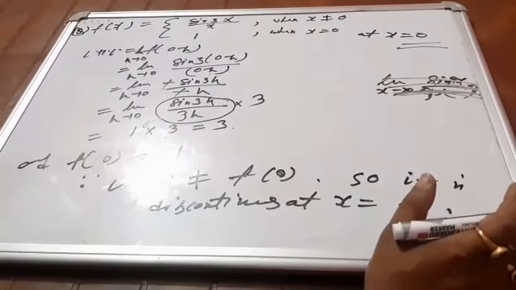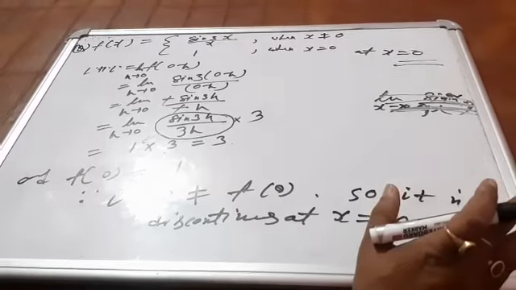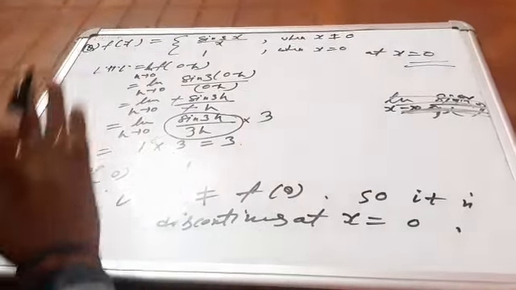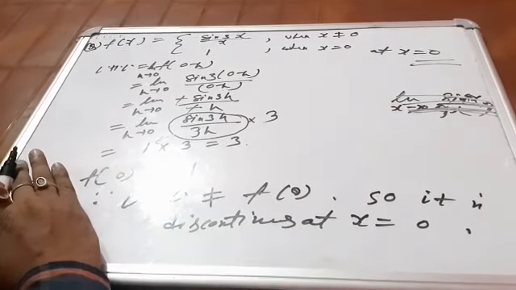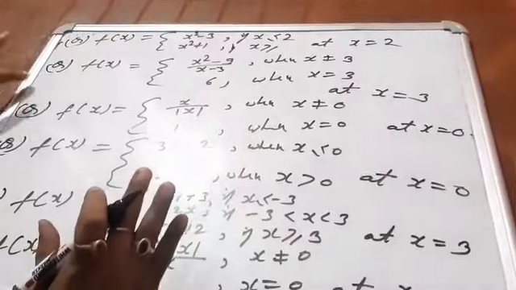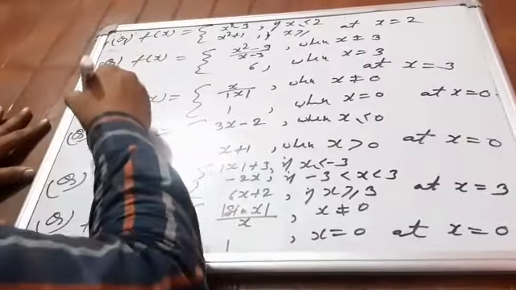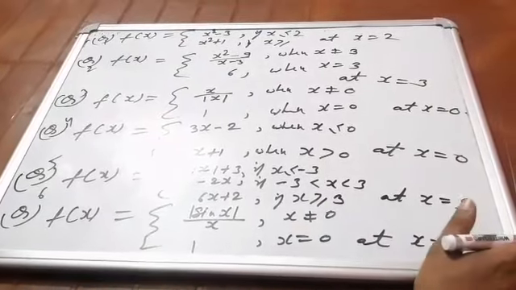By this way we are going to solve the problems. Now I am giving some problems to you, you just solve. I have given you 6 questions. Take one by one and solve accordingly.